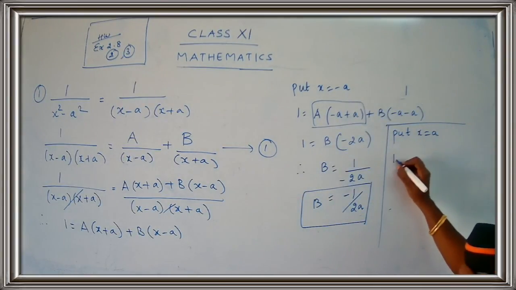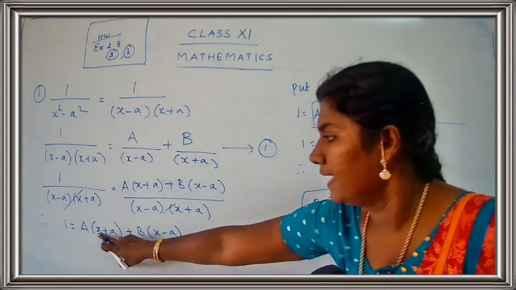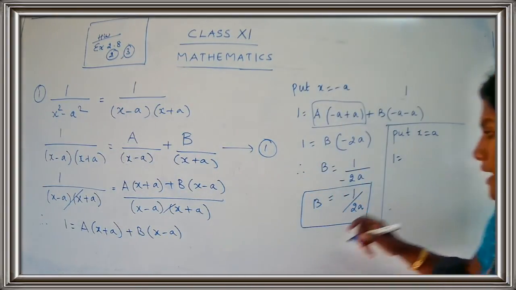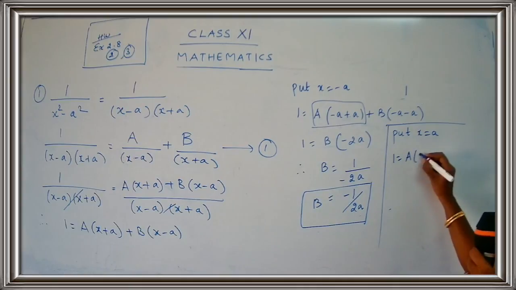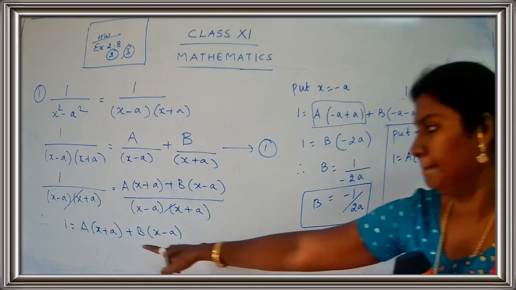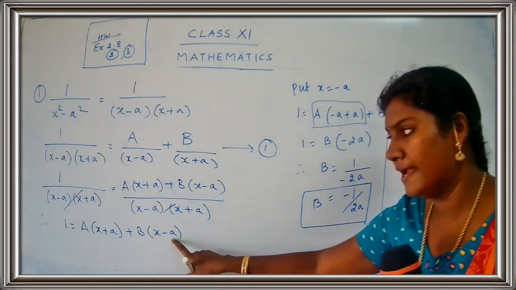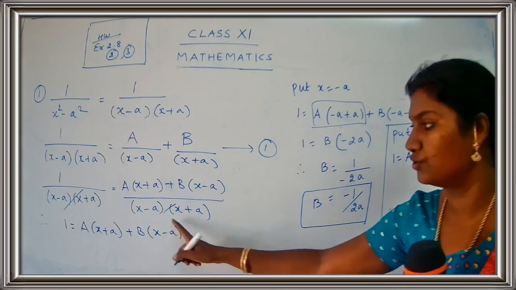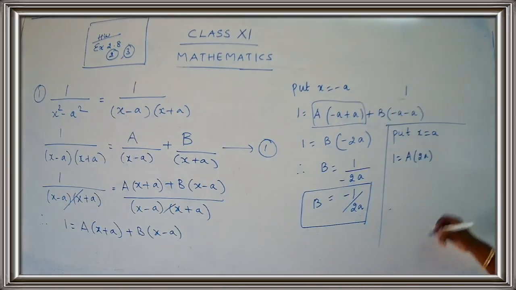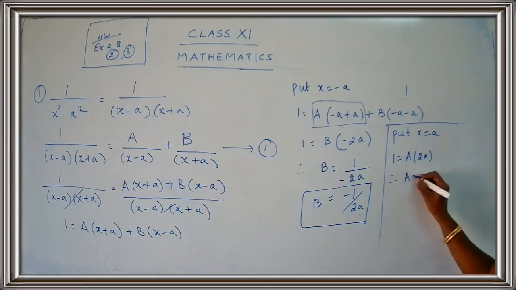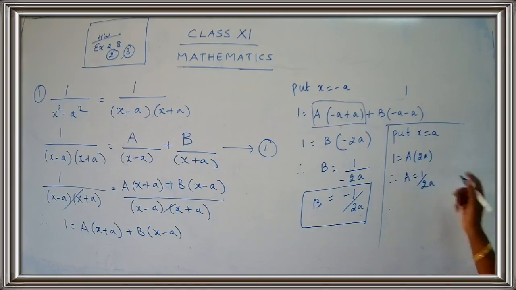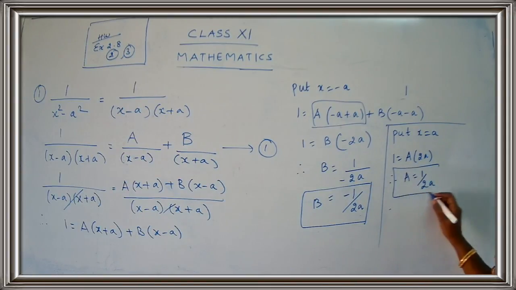Now 1 is equal to, this is a plus a, 2a. So a into 2a plus b, a minus a. What is a minus a? 0. So this term gets vanished. So a is equal to 1 upon 2a. So I have found the value for a. What is the value for a? A is 1 upon 2a.